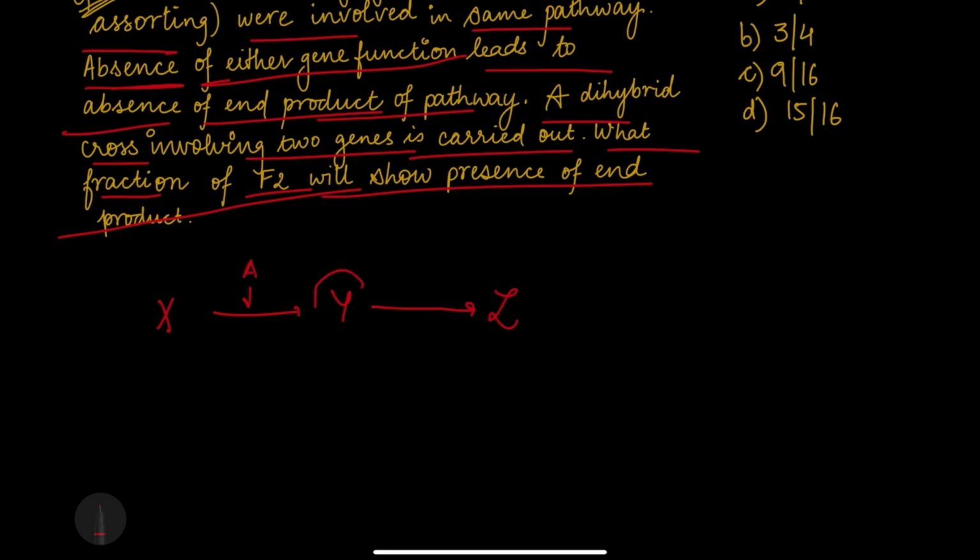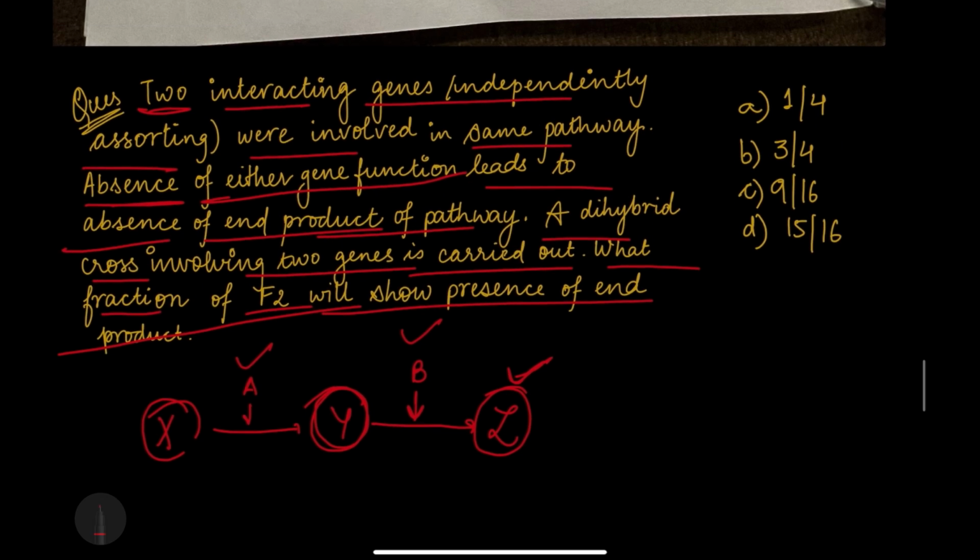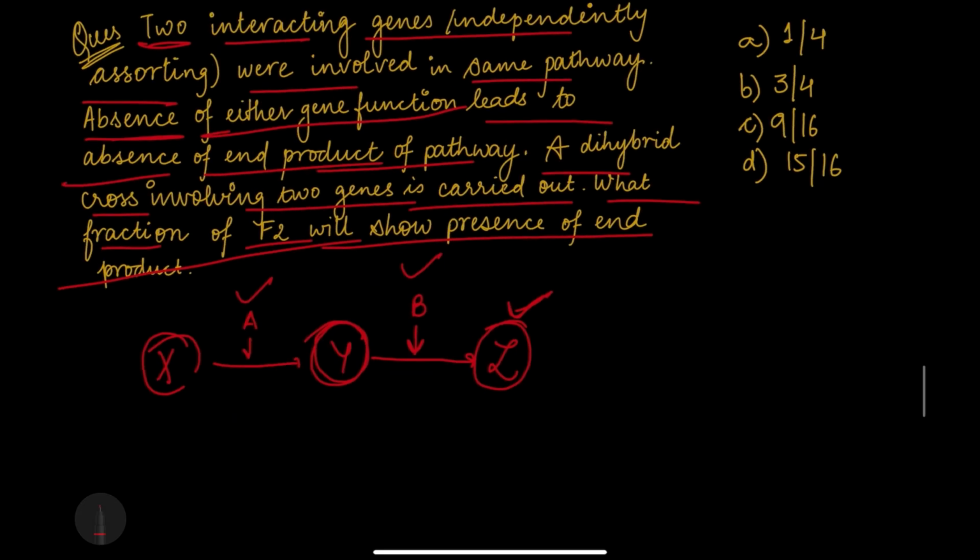If A gene acts, then we get Y, and if B acts, then we get Z. So in absence of A or B, we don't get Z. So this is clearly an example of complementary epistasis, where the dominant form of both the genes involved helps in the formation of the end product.